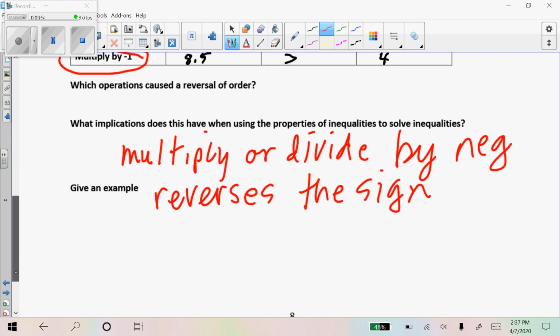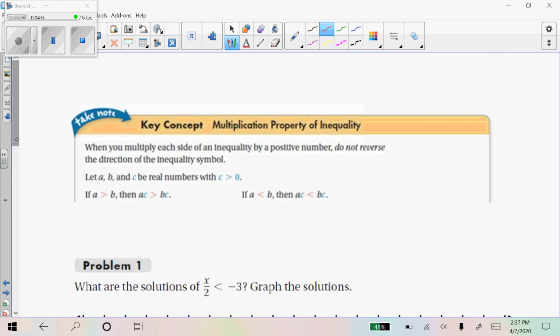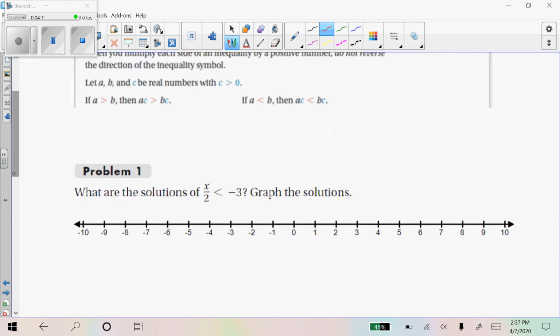All right, so what I'm telling you here is that as long as you're solving inequalities, you really can do everything that you do when you're solving equations. It's just that sometimes you have to reverse the sign, and that happens when you're multiplying or dividing by a negative.